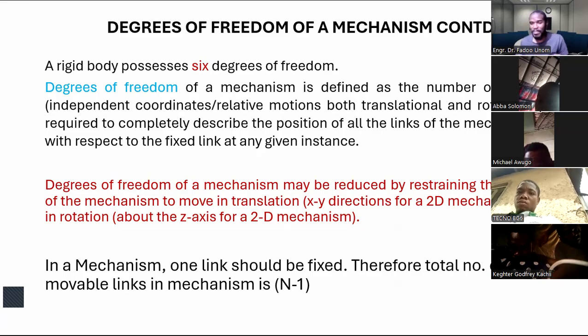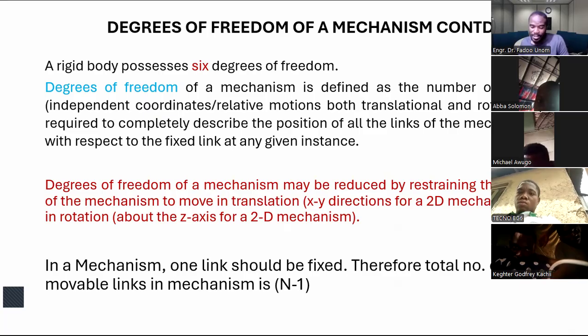Its motion can be broken down into a movement that is described in those 6 ways that we've mentioned. So we define the degree of freedom of a mechanism as the number of inputs or the number of independent coordinates. That's what we did in the introduction to degrees of freedom.